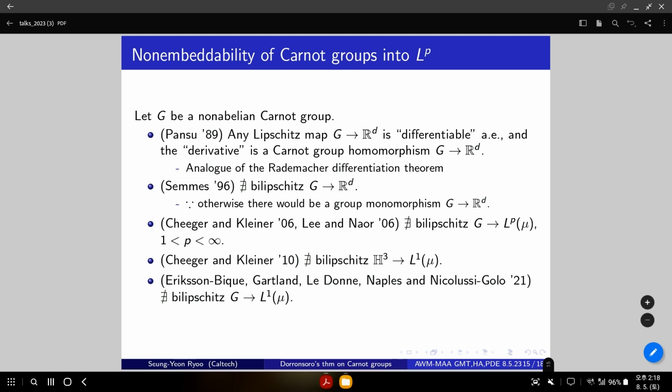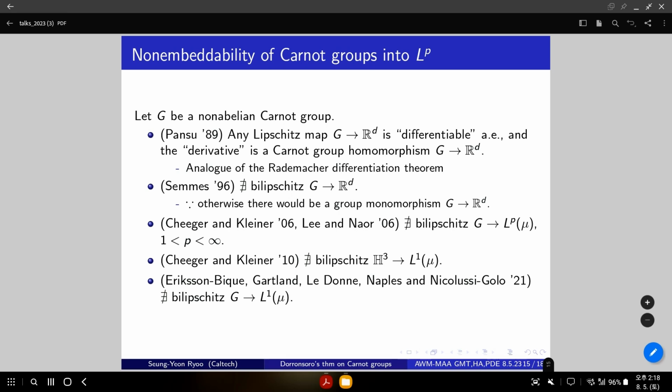If G is any non-abelian Carnot group, Pansu has shown that if you have a Lipschitz map from G into RD, then similar to the Rademacher differentiation theorem, this map is differentiable almost everywhere, and the differential is actually a Carnot group homomorphism from G into RD.